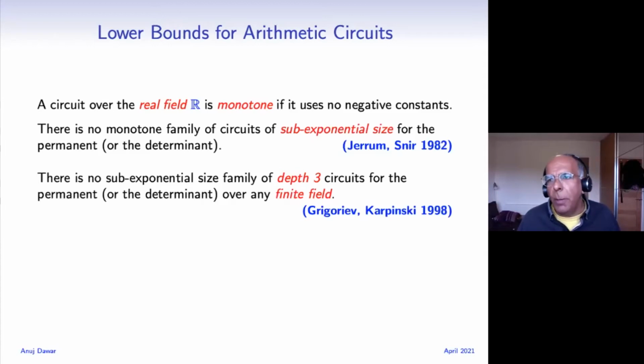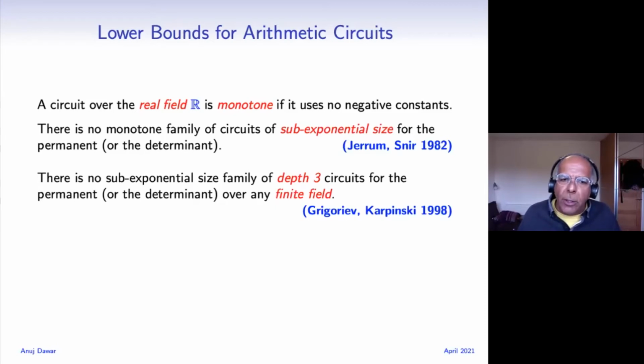But one thing to note about these is that they prove this lower bound not just for the permanent, it turns out the lower bound also applies for the determinant. And so in some sense, it doesn't separate the two, right? These lower bounds are really showing that the model is very weak. Once you consider only monotone circuits or bounded depth circuits, it seems it's the model that's weak because you can't even do the determinant, which we know you can do in polynomial-size circuits in general.